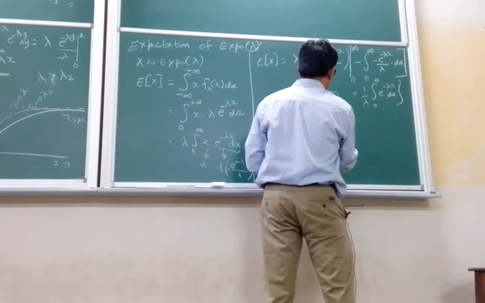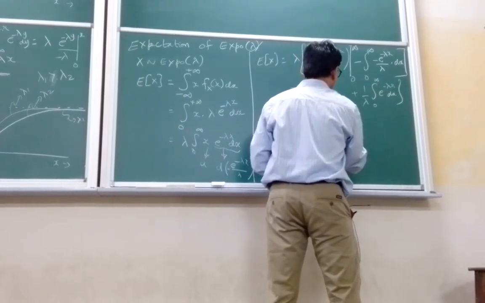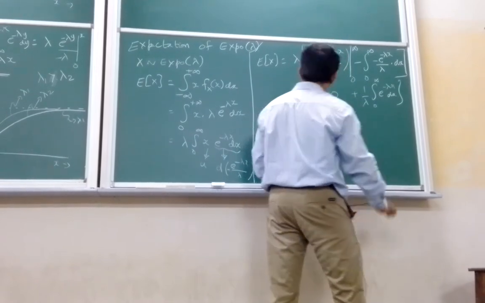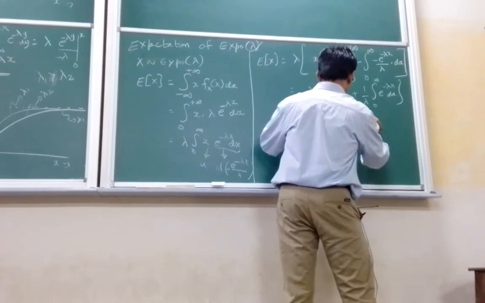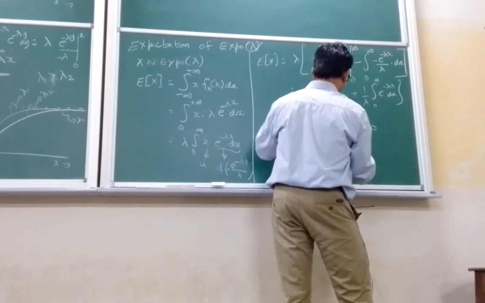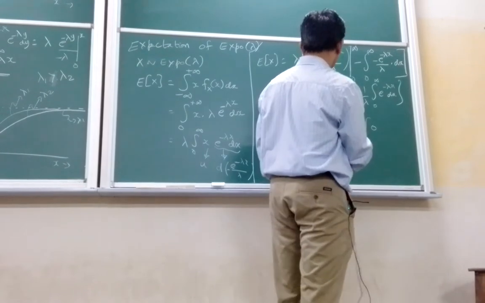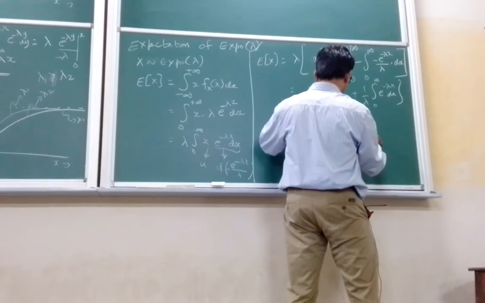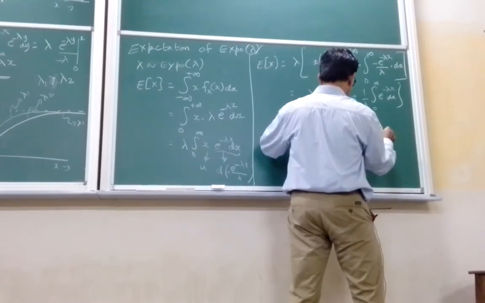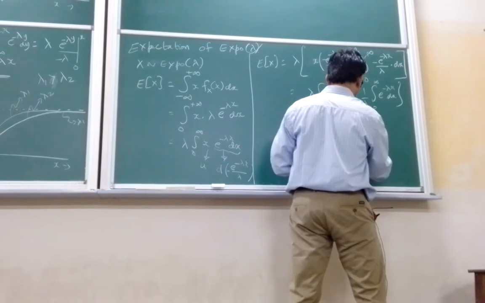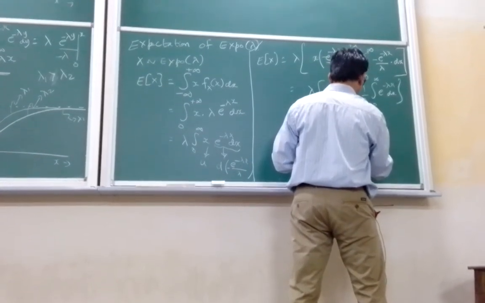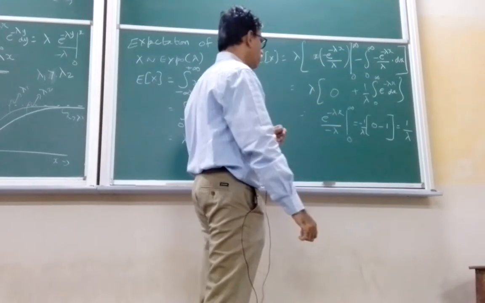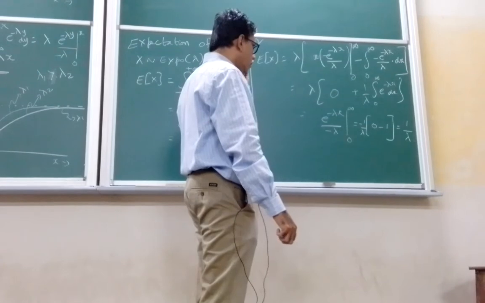So this goes away and then, so what did we get? You get here, this is 0. Now the minus sign is there, 0, and then if you put 0, you get, of course, 0.